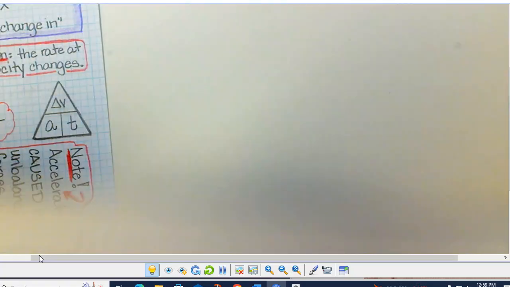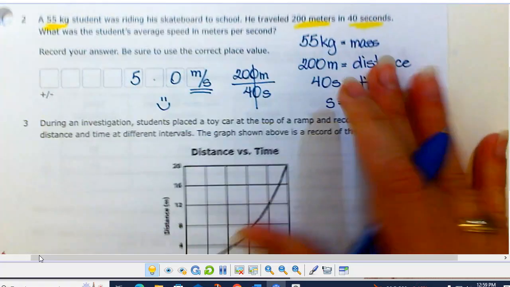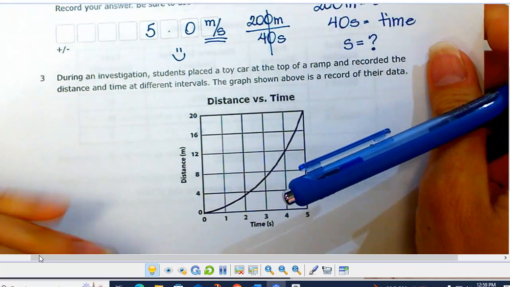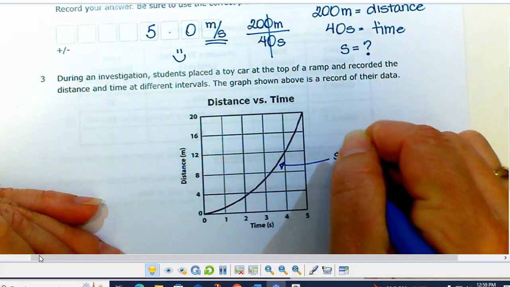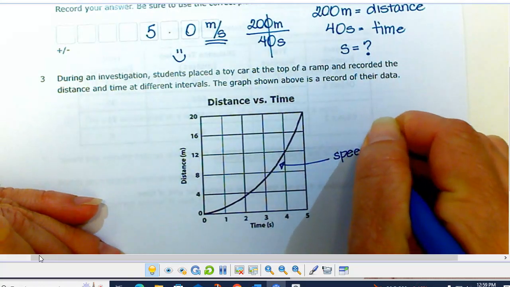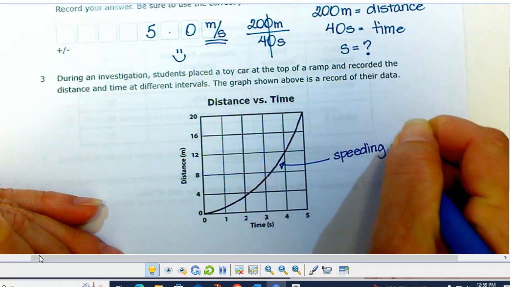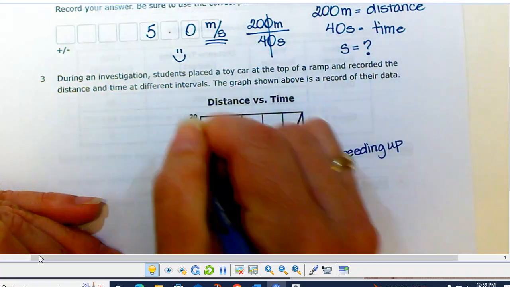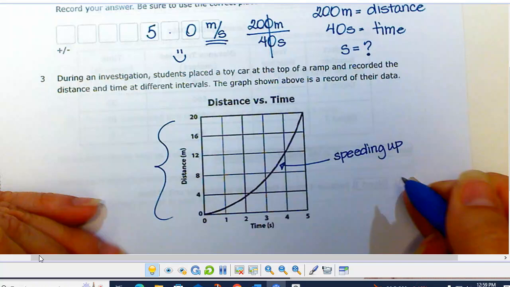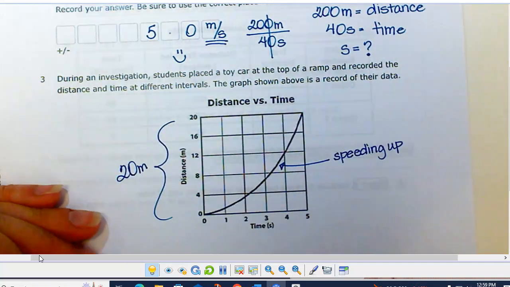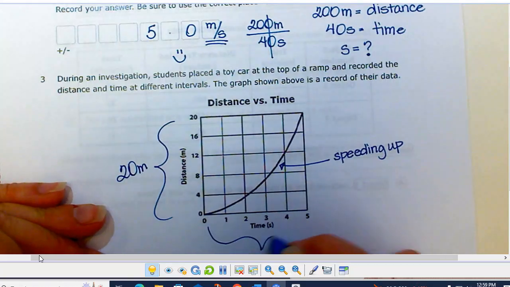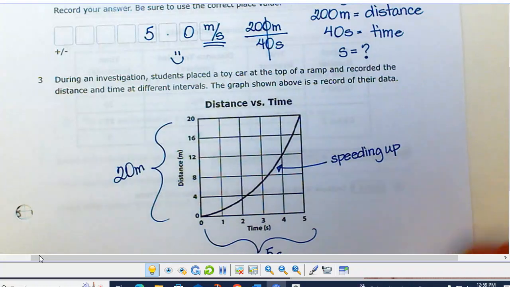So this one's a little bit tricky. You think that you might have to do something crazy because the line is curved. The fact that the line is curved means that this toy car is accelerating or speeding up. But if I look over here, it covers a total distance of 20 meters in a total time of 5 seconds.